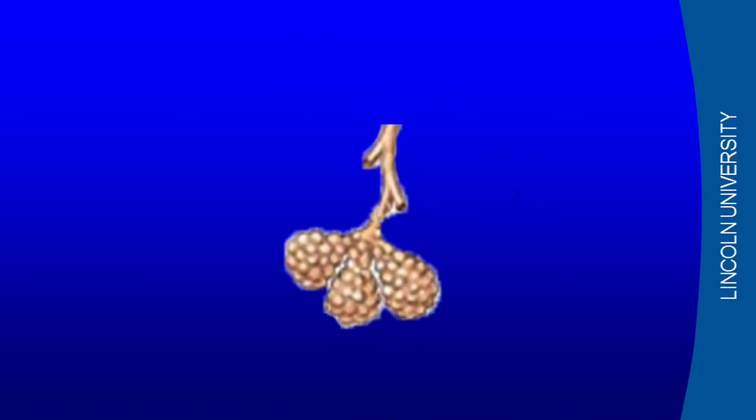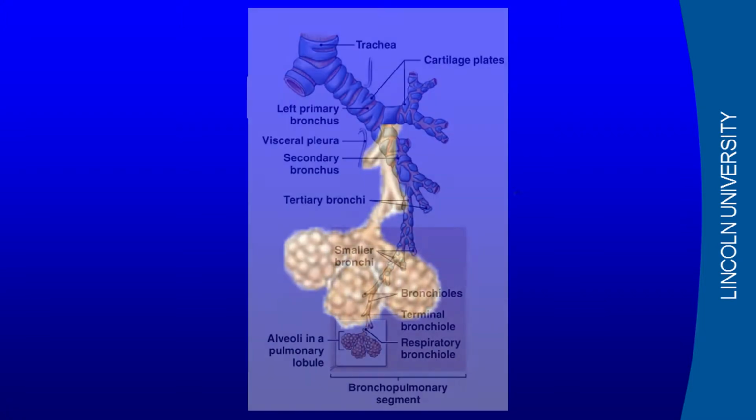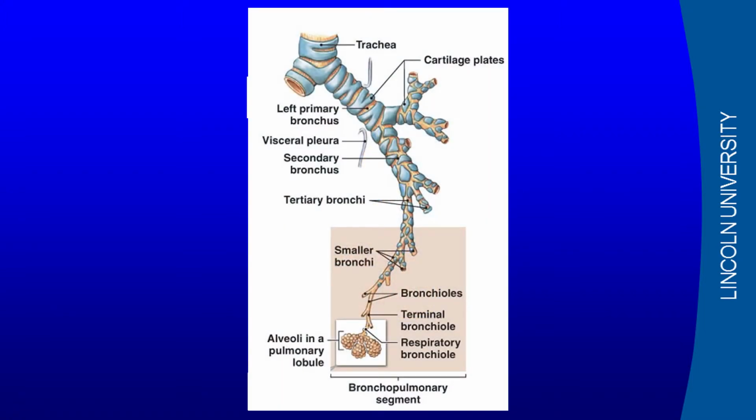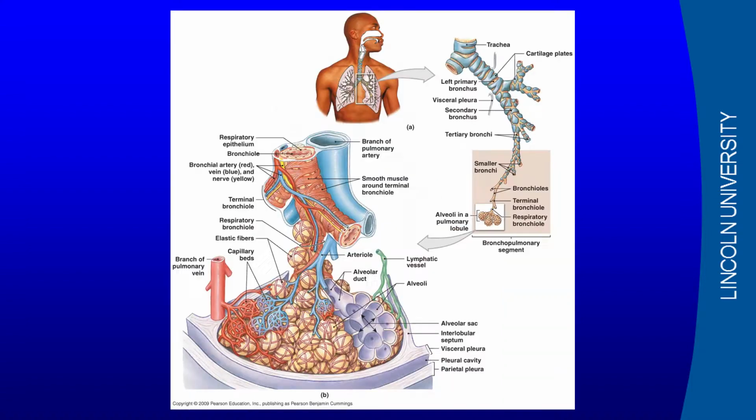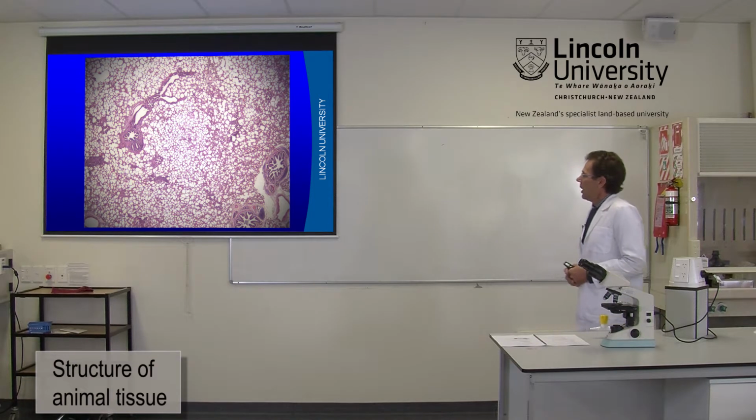And these air sacs, the alveoli, is where the gas exchange takes place. So that's where you get the blood supply and the air close together allows the oxygen to diffuse into the blood and the CO2 to diffuse out.